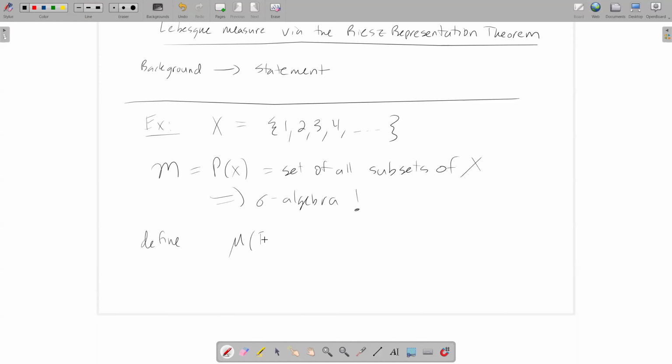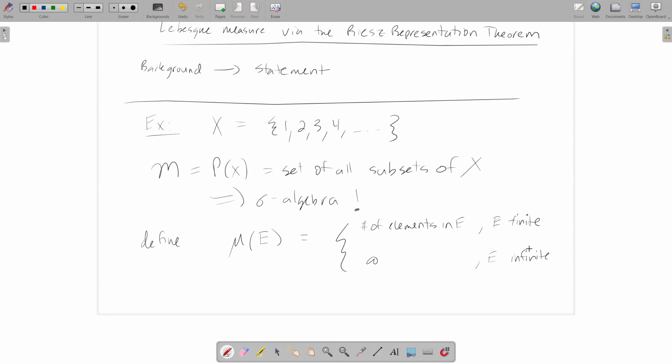mu of E to be the number of elements in E for E finite, or infinity if E is infinite.